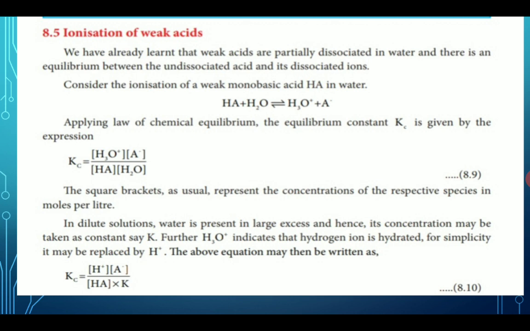In this, square bracket usually means the concentration. In dilute solutions, water is present in large excess, hence the concentration may be taken as a constant. So H2O concentration can be taken as constant, which is equal to K. So the equation becomes Kc is equal to hydrogen ion concentration into A minus ion concentration divided by HA into K. So 2 K's we are having, 1 Kc on the left side and, on the right hand side, we have a K. So both are constant, so we can mix them together.